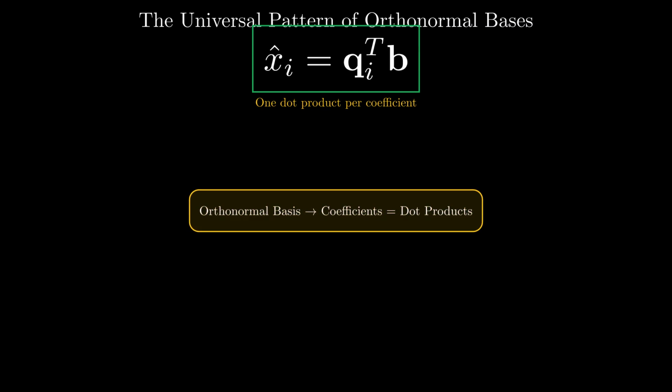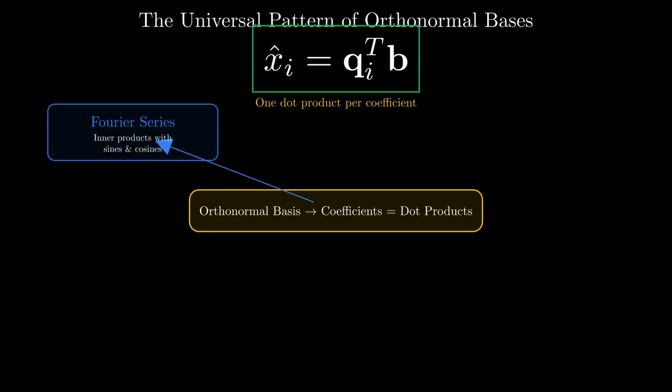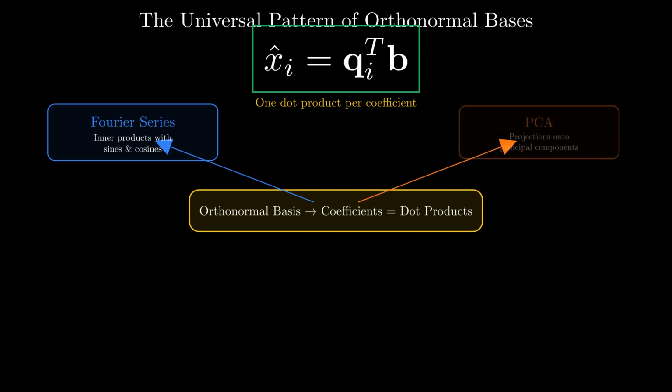Whenever you have an orthonormal basis, computing coefficients reduces to simple dot products. Let's see where this pattern appears. First, in Fourier series, Fourier coefficients are computed as inner products with orthonormal sines and cosines. The trigonometric functions form an orthonormal basis, so extracting each frequency component is just a dot product.